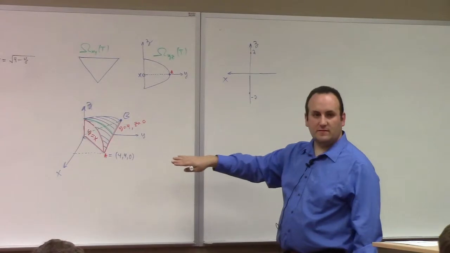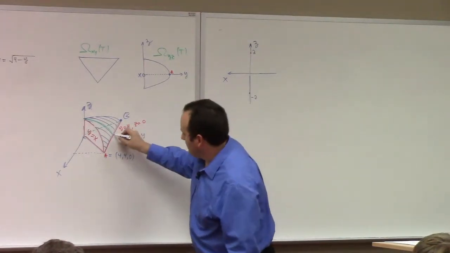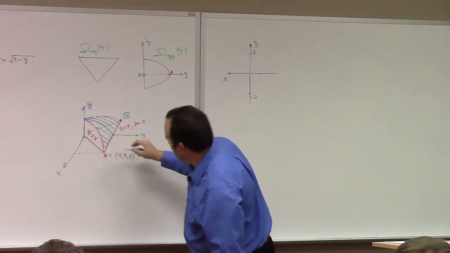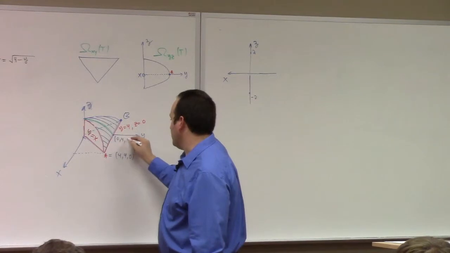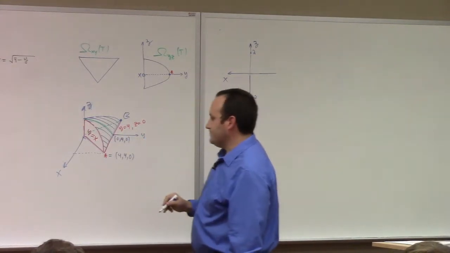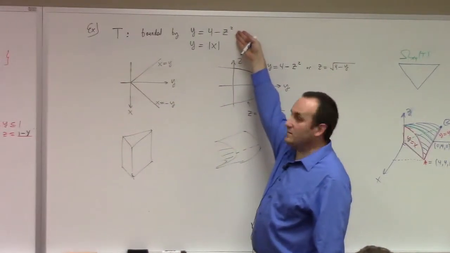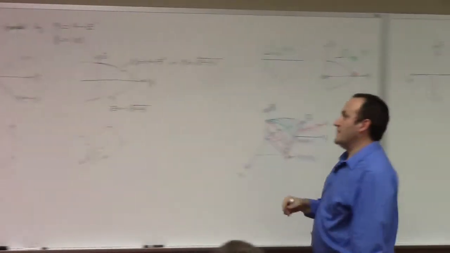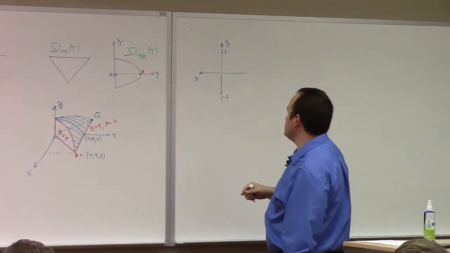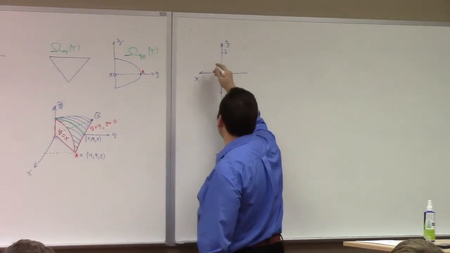Z equals 0, yeah, I'm on board. Now, why do you know it's 4 though? Because what's this point right here? That's (0, 4, 0), right? Which I know from this equation: when z equals 0, y equals 4. So yeah, I'll agree. So it goes from 4 to minus 4, is that right?